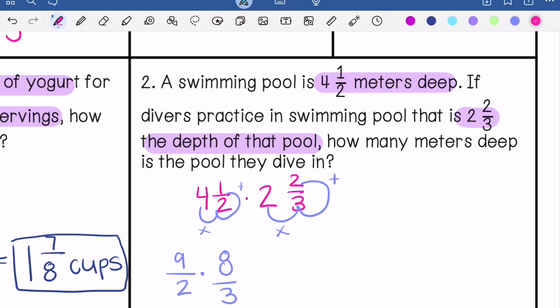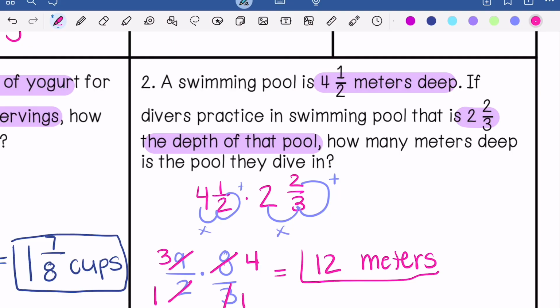I see multiple cross simplification opportunities here. So I end up with 12 over 1, which simplifies to 12 meters.